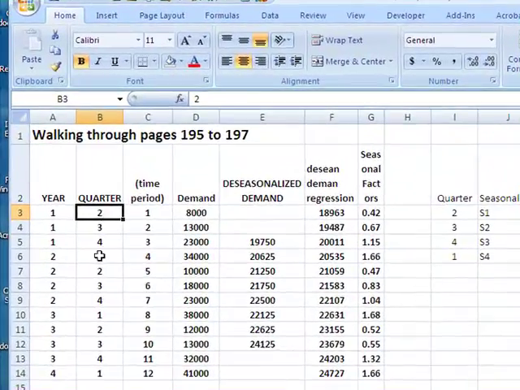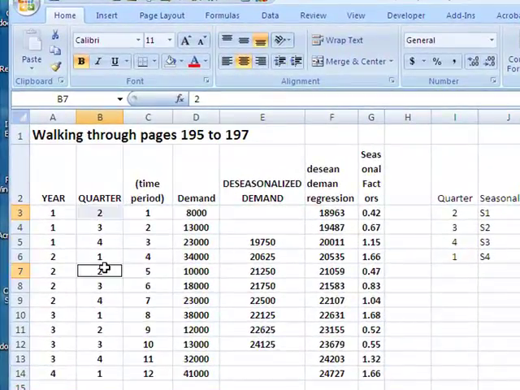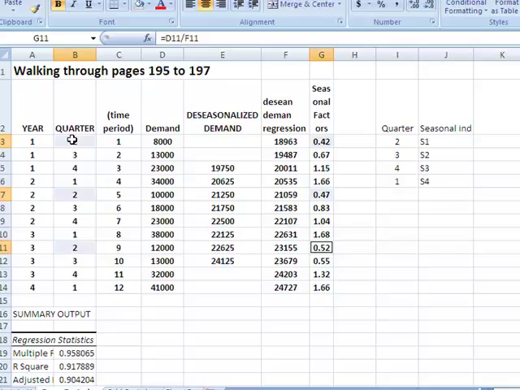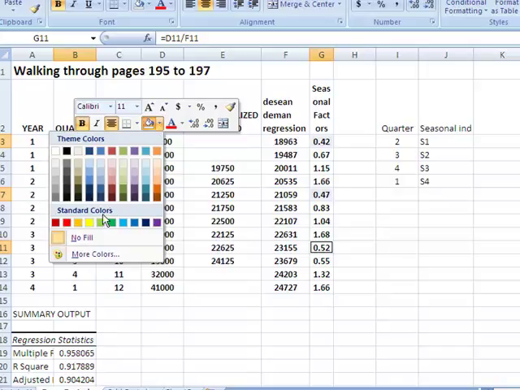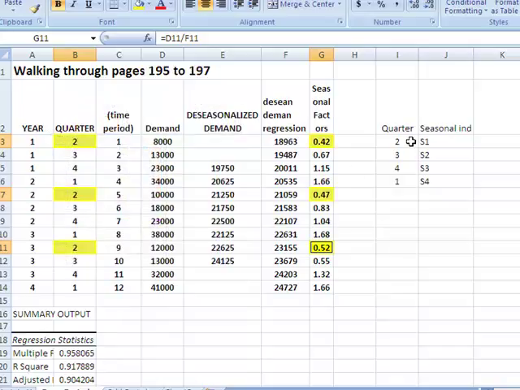Here's a quarter 2, here's a quarter 2, and here's a quarter 2. Their seasonal factors are 0.42, 0.47, and 0.52. I'm going to highlight them so you can see what we're doing.